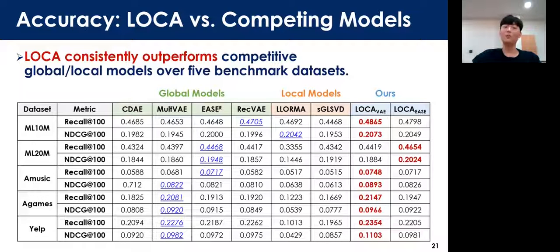The red bolded values are the highest scores for each dataset, and the blue underlined values are the highest baseline scores for each dataset. As you can see, the proposed methods show higher accuracy than the competing models in all datasets.